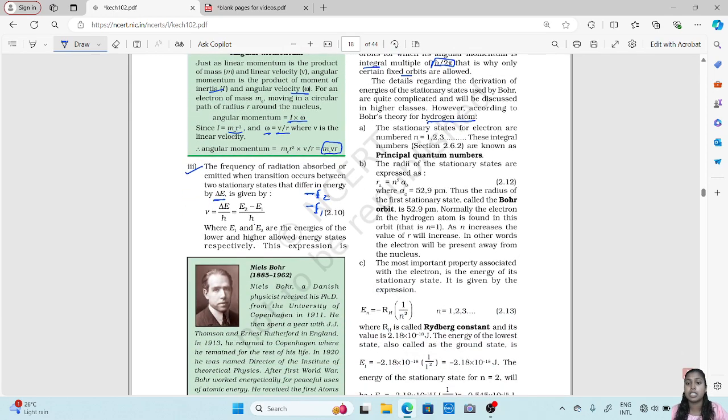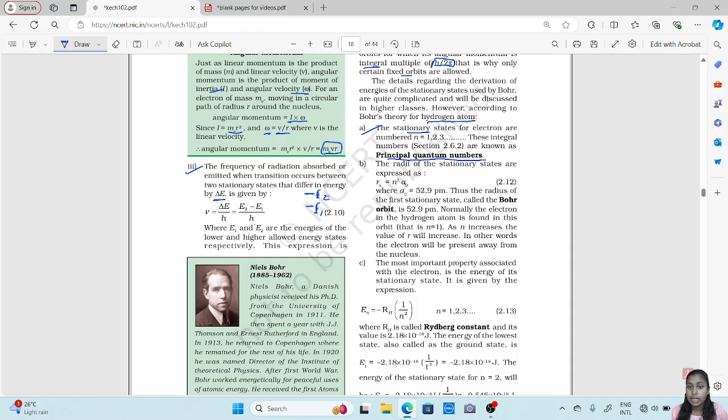The stationary states for electrons are numbered n equals 1, 2, 3, and so on. All the orbits are numbered. These are integral numbers, and these are known as principal quantum numbers. That is the first point.